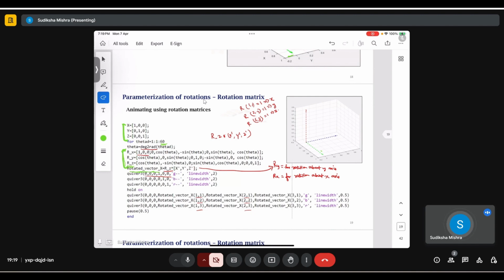You define the rotation matrices, and to find the rotation, if the rotation is along z instead of x, you multiply the rotation matrix about z with the xyz, and you add the quiver function so that it loops as theta changes every time.